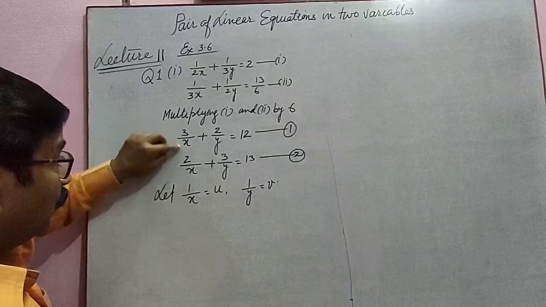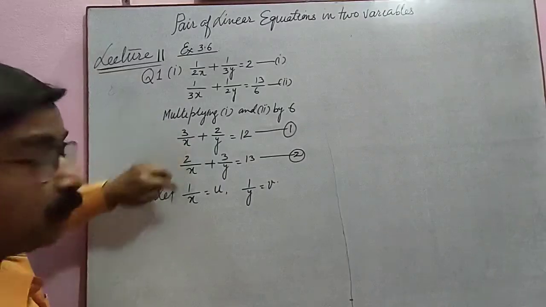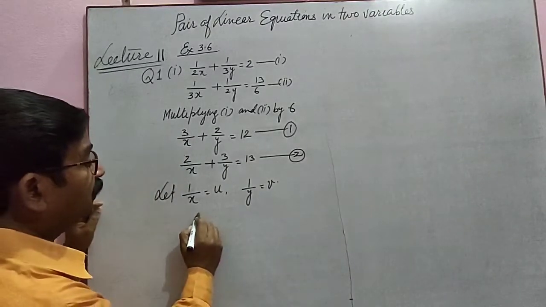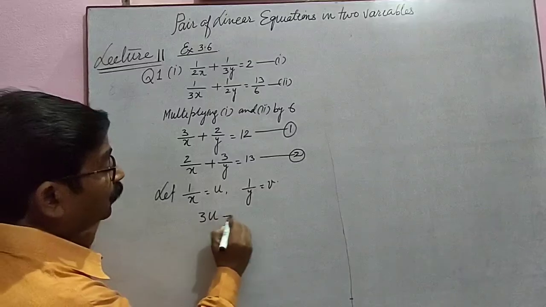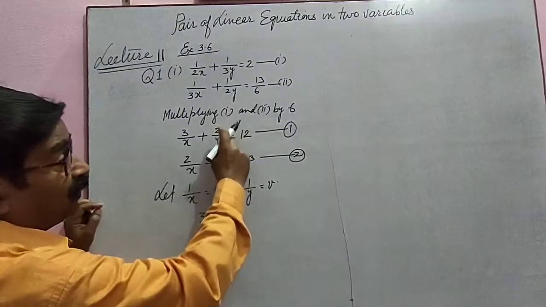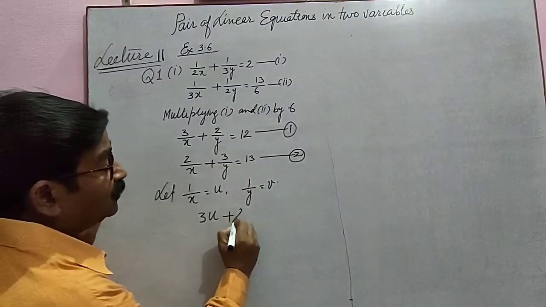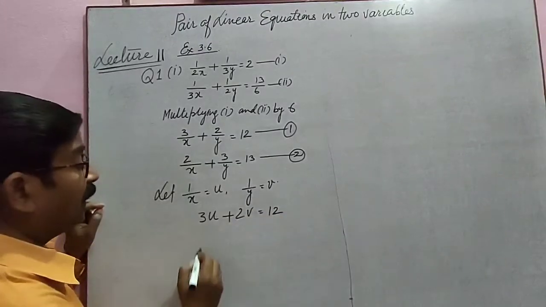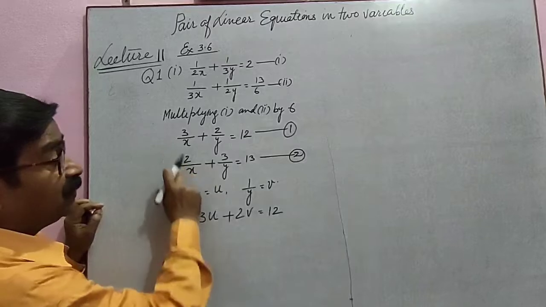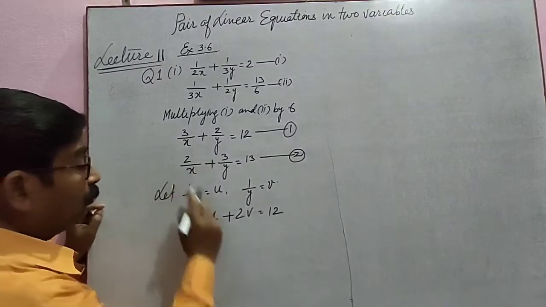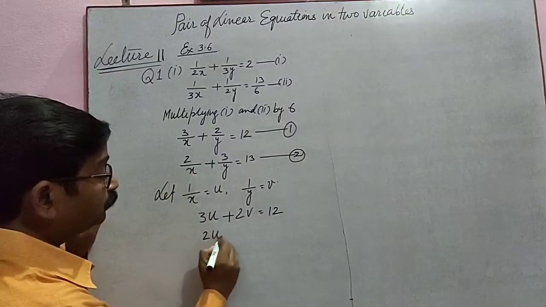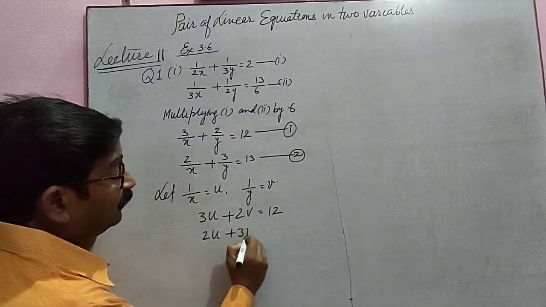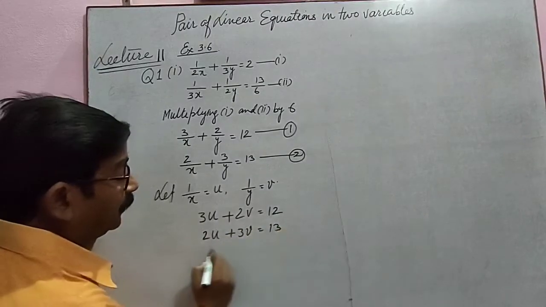So 1 upon x is equal to u, so 3 upon x is equal to 3u, plus 1 upon y is equal to v, so 2 upon y is equal to 2v is equal to 12. And here 2 upon x is equal to 2u, 2u plus 3v is equal to 13.